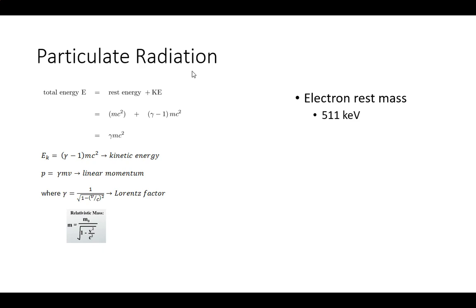Your kinetic energy is the Lorentz factor minus 1, that quantity times your mc². And again, that's still that same mc². The Lorentz factor is going to turn your m into m0.